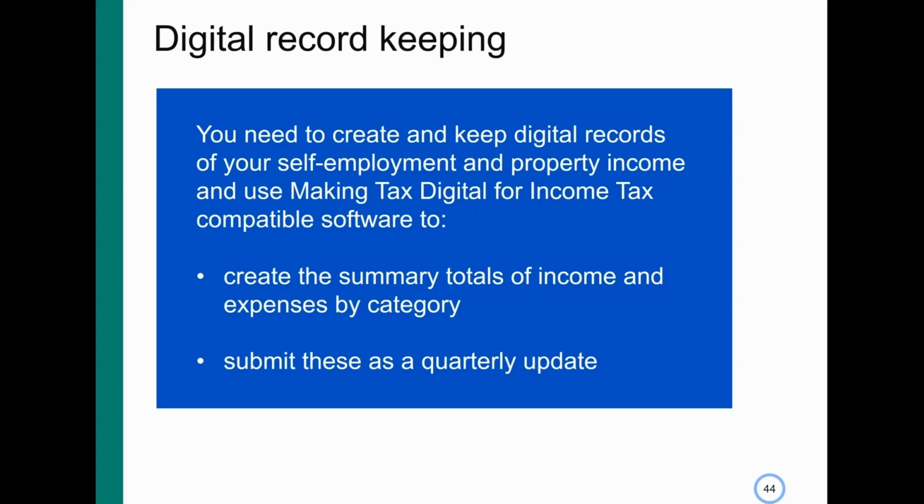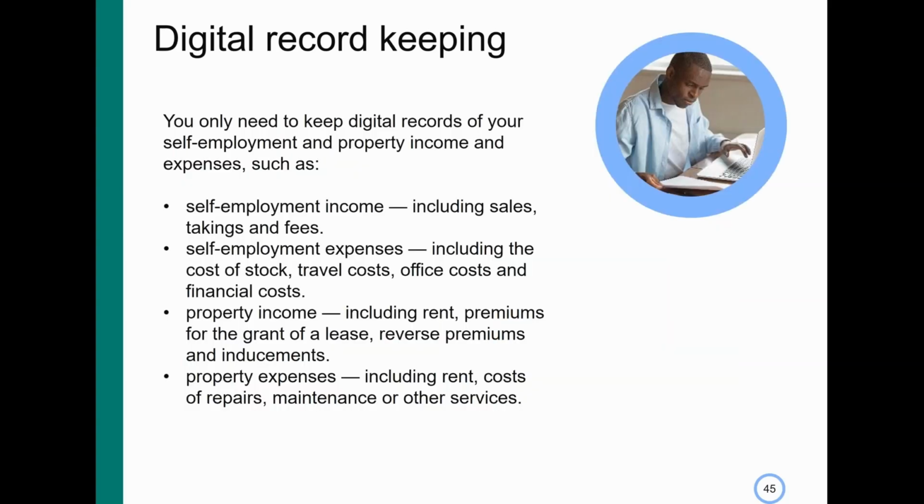You only need to keep digital records of your self-employment and property income and expenses, such as self-employment income, including sales, takings and fees, self-employment expenses, including the cost of stock, travel costs, office costs, and financial costs.